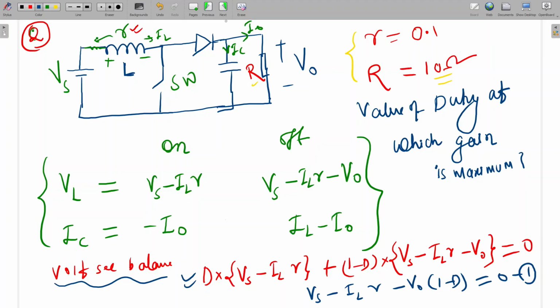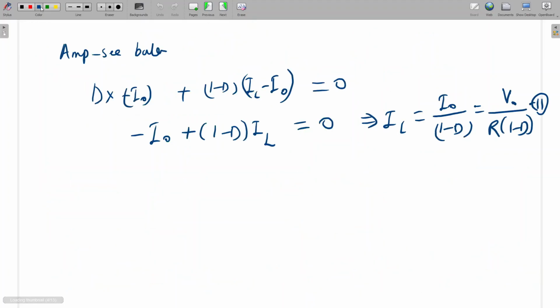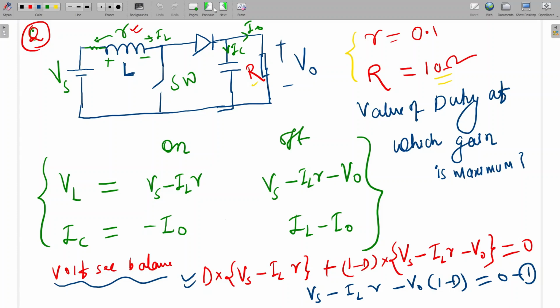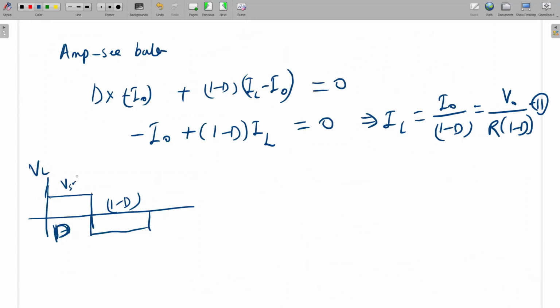Okay. So let's say we are drawing the voltage across the inductor. This is the voltage across the inductor, this is D duty, and this section will be 1 minus D. This is the inductor voltage waveform. Let's say this amplitude is Vs minus ILr, and this will be Vs minus ILr minus V naught. This will be the negative amplitude, and this will be the positive amplitude. So what is the average value?